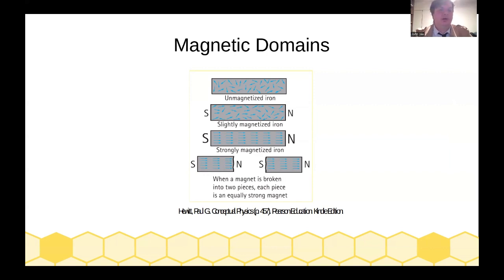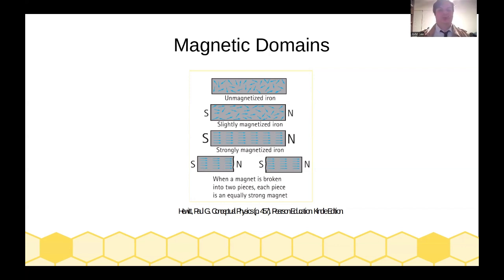You put a piece of unmagnetized iron, or an unmagnetized piece of metal that can become magnetized, into that magnetic field, and that is going to cause the randomly distributed spins and the randomly distributed types of domains, which is what they're called, to align until they are strongly aligned in the presence of a magnetic field.